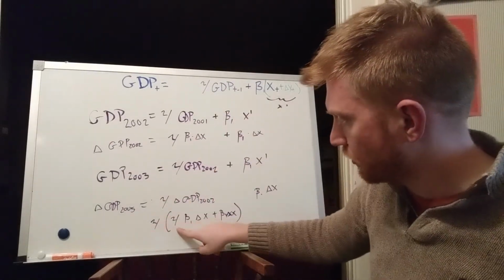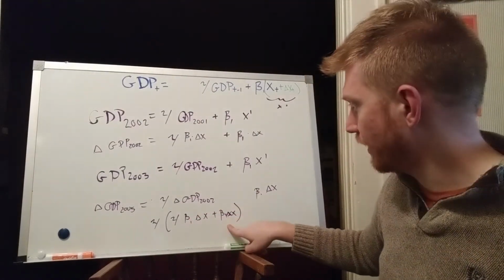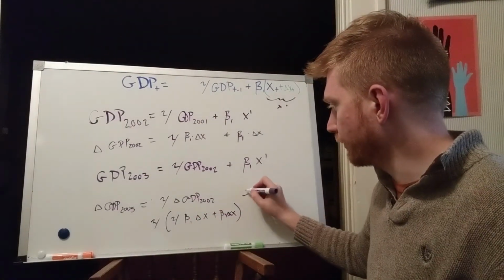So we have a gamma squared, gamma beta, plus beta 1.